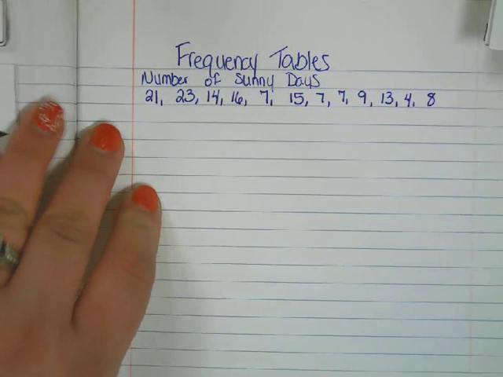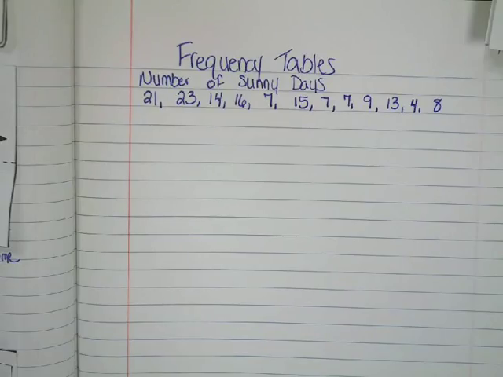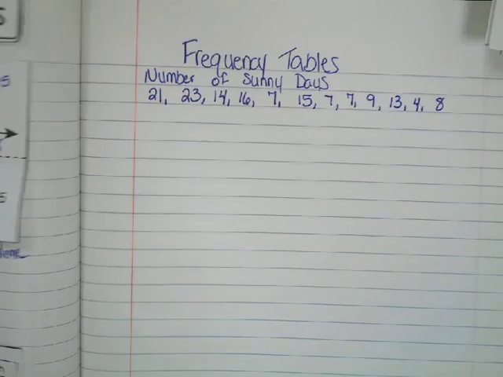So again, from the beginning, you've got 21, 23, 14, 16, 7, 15, 7, 7, 9, 13, 4, and 8. Okay?